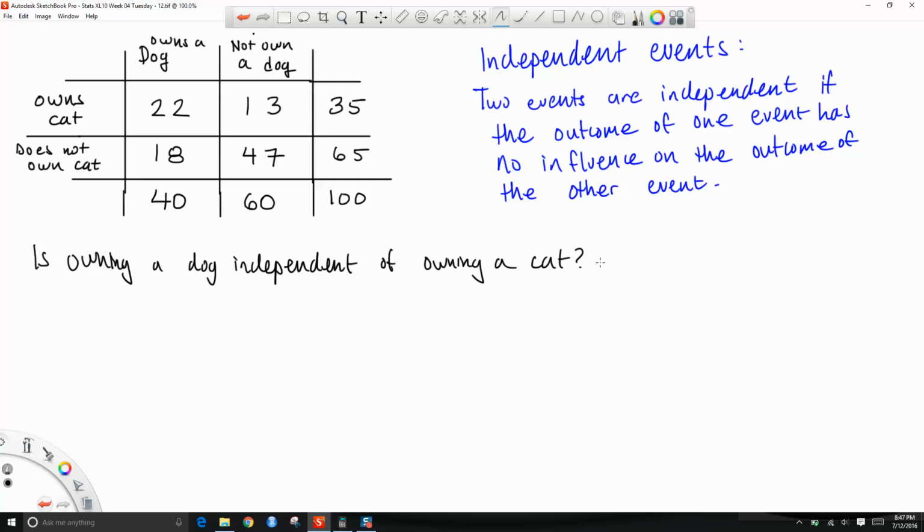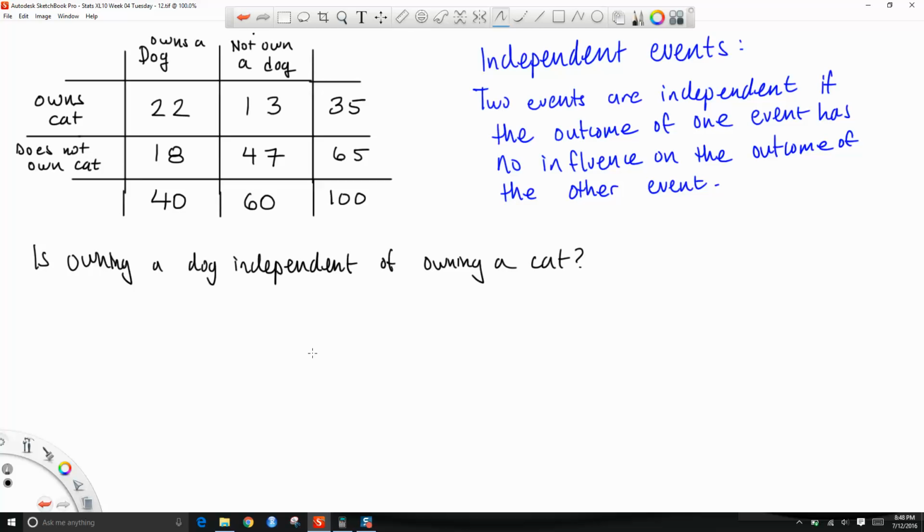And you know, don't get caught up on what it means to say this thing has influence on the other, okay? What we want to know is just from a statistical perspective, is the probability of owning a dog or cat influenced by whether or not the person already owns the other animal?